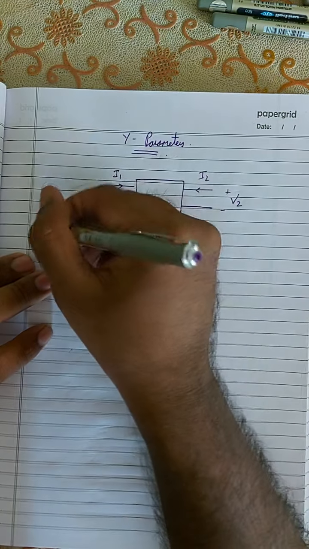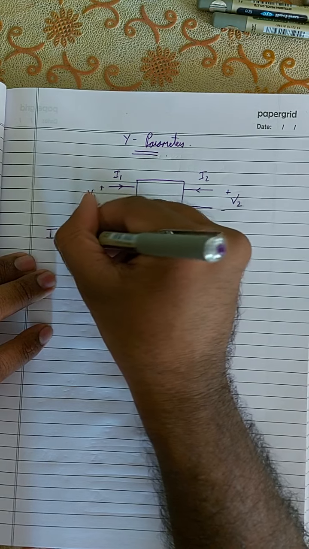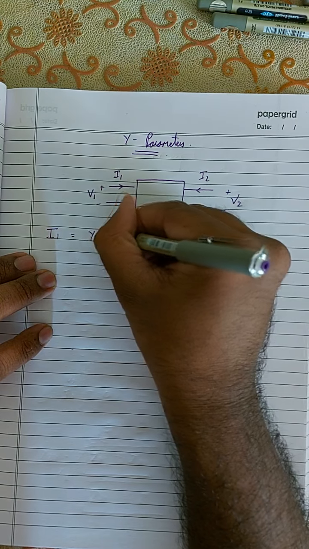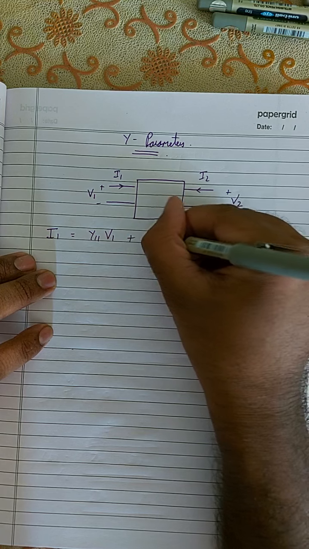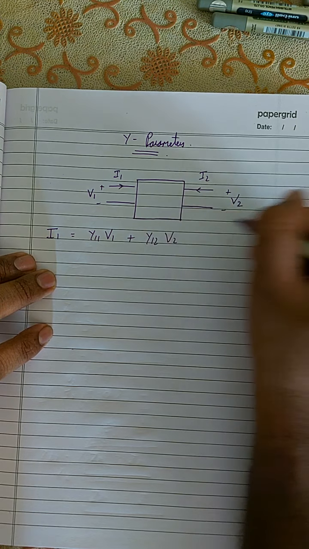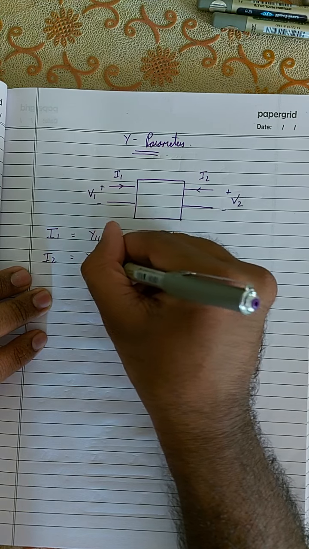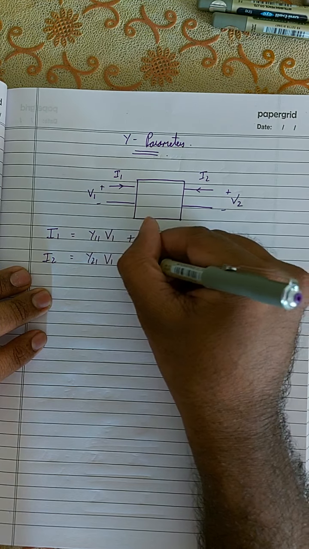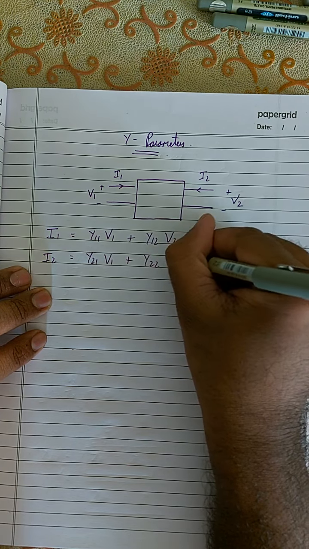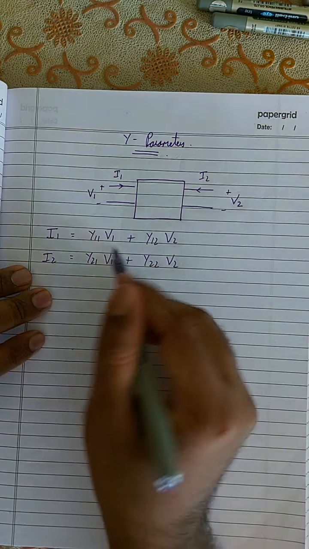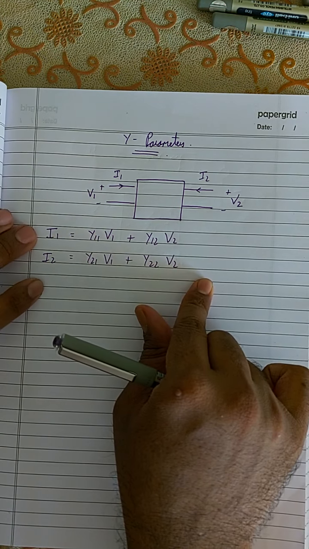So which means I1 is equal to y11 V1 plus y12 V2, and I2 is equal to y21 V1 plus y22 V2. Okay, so now you know how to express these parameters, right?